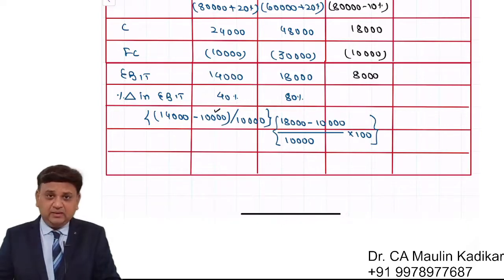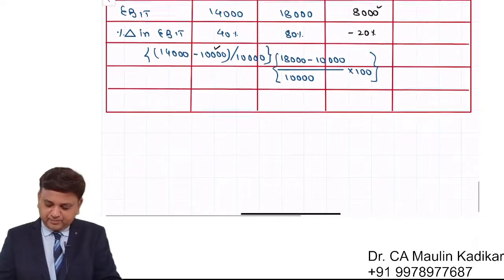So from 10, it reduces to 8. So it reduces by 2,000 and it reduces by 20 percent.